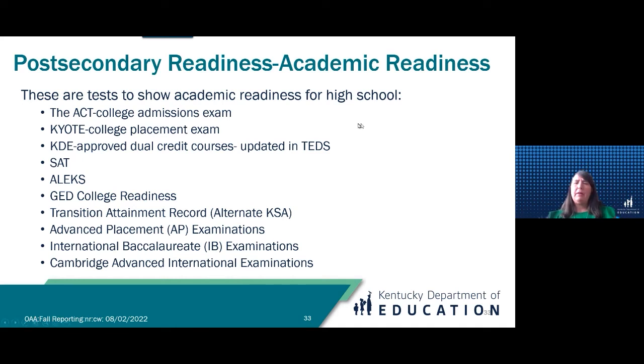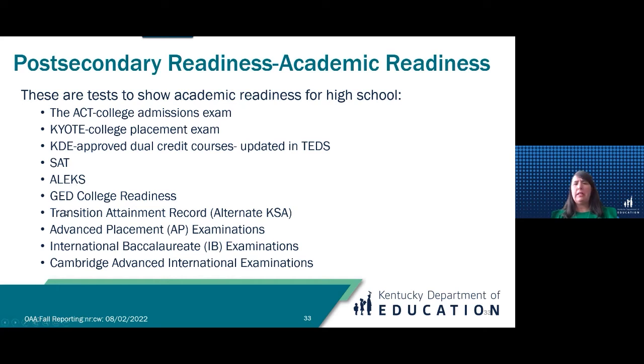So for academic readiness, these are the tests that show academic readiness for high school. The ACT is one example, and Coyote. You also have the KDE approved dual credit, and SAT ALEX. ALEX is for mathematics only.